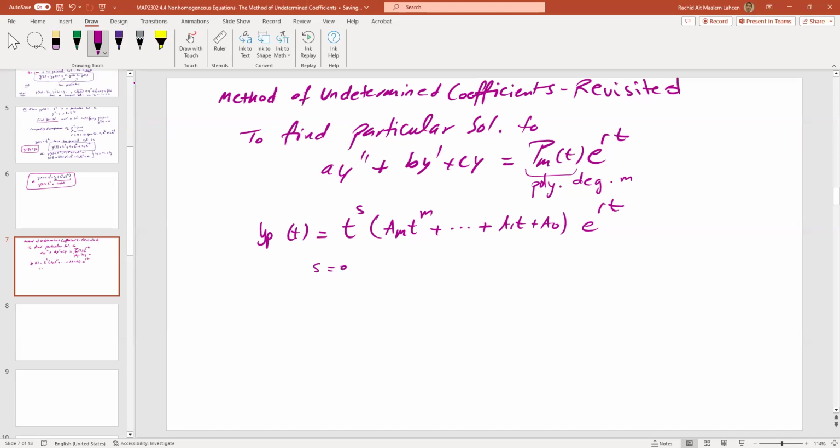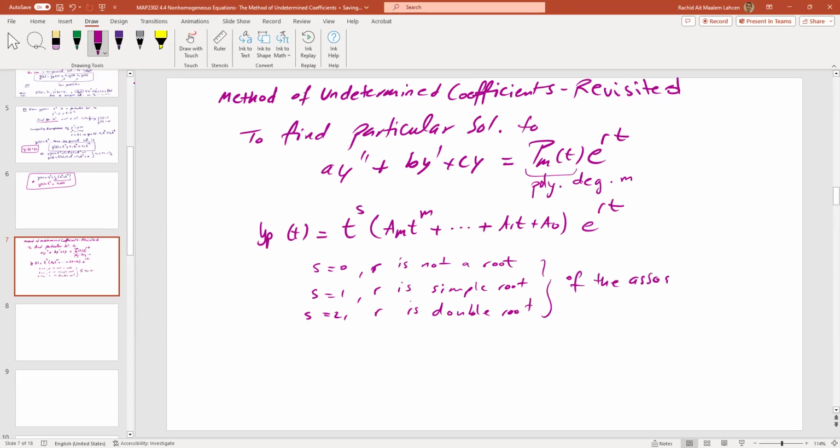So s is 0 when r is not a root of the auxiliary equation, s equal 1 when r is a simple root, and s equal 2 when r is a double root of the associated equation.